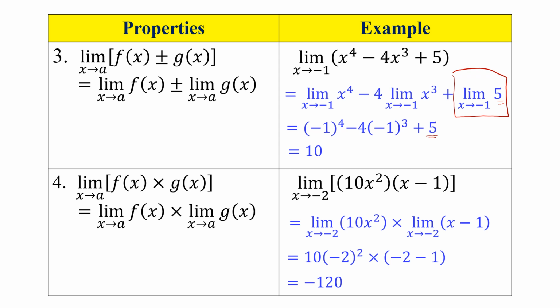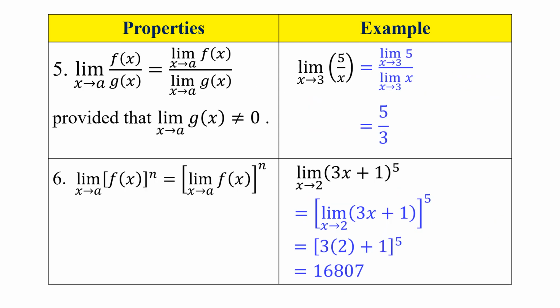So we can split into the limit as x approaches negative 2 of 10x squared, multiplied with the limit as x approaches negative 2 of the function x minus 1. Then we substitute the value of x and we get negative 120.